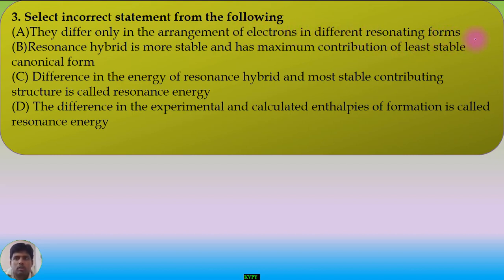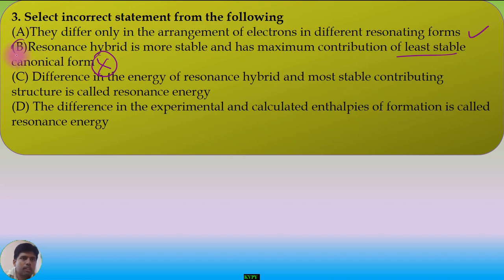So this is a correct statement. Resonance hybrid is more stable and has maximum contribution of least stable canonical form. Actually, resonance hybrid is more stable, that's true, and has maximum contribution of most stable canonical form, it should have been. So this is a wrong statement.